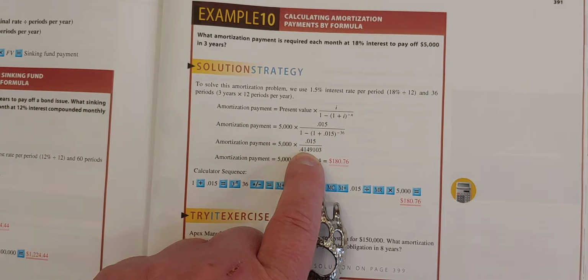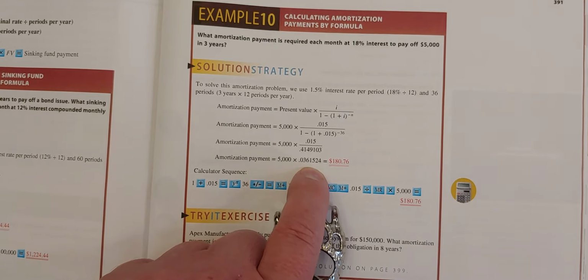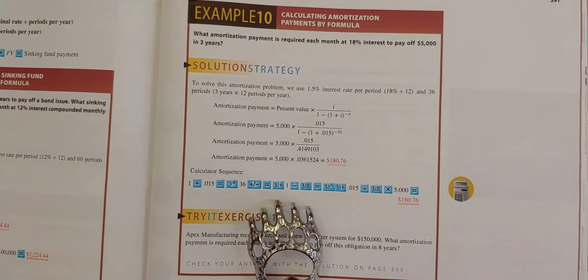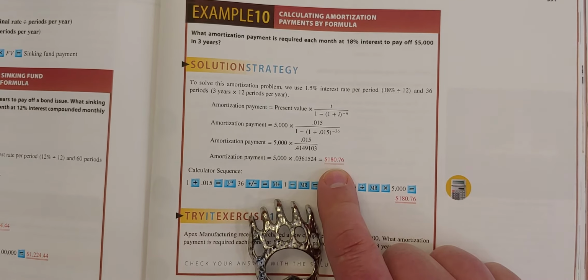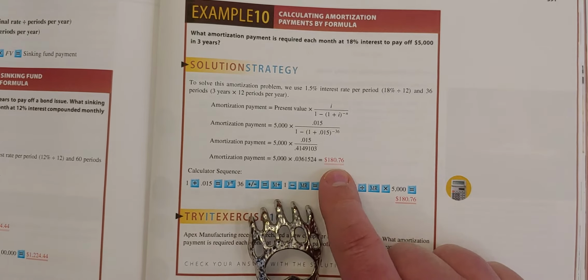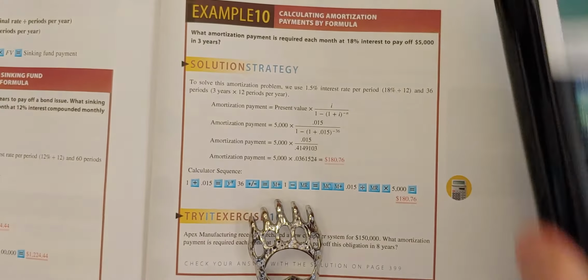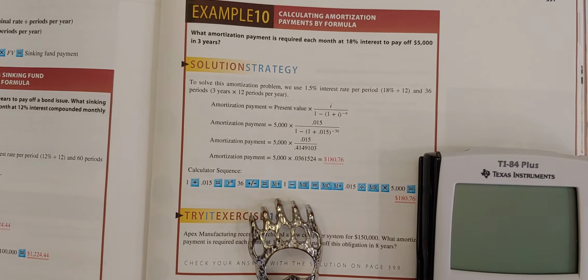When they divide that into 0.015, they got 0.0361524. Multiplying that by 5,000, that's $180.76. So your payments at 18% interest to pay off $5,000.